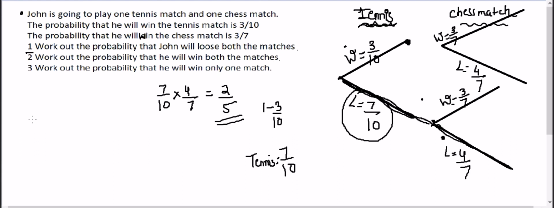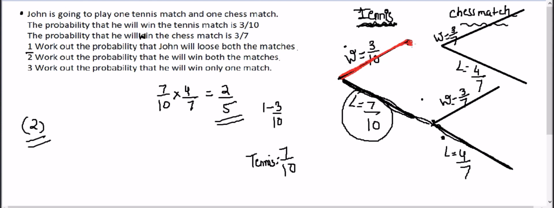Let me see the second part. It says work out the probability that he will win both the matches. So we have to select the branch in which he is winning. The probability of winning the tennis match is 3 by 10.